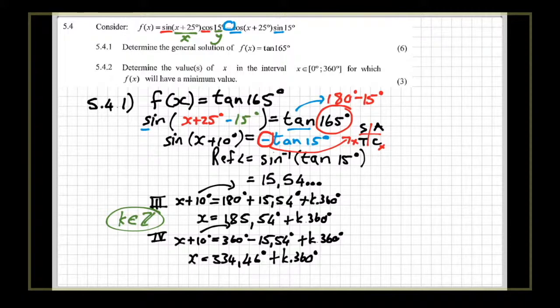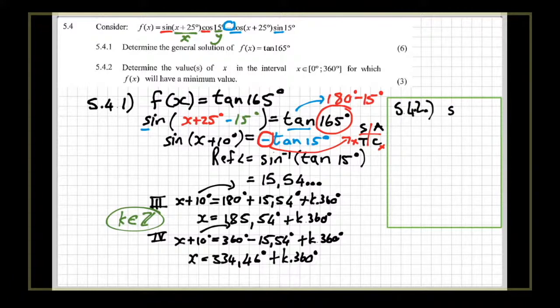Now, I'm going to look at question 5.4.2, and I'm going to try and spice it up a little bit. So if I look at question 5.4.2, and I look at f(x). Now, let's just remember that f(x) I reduced into sine of x plus 10 degrees.